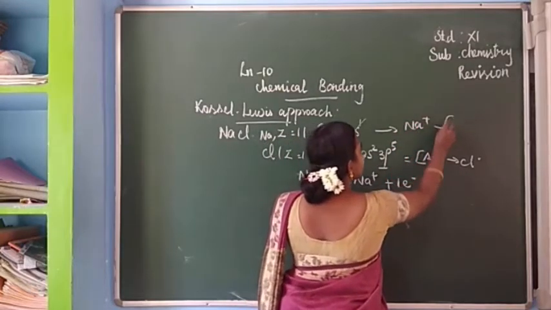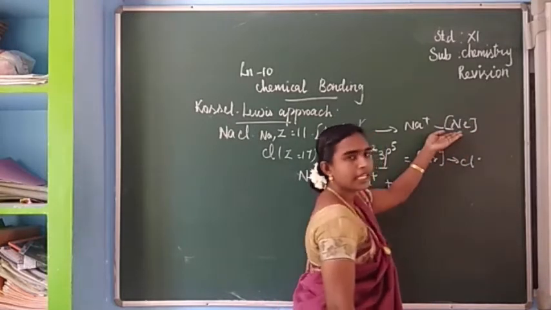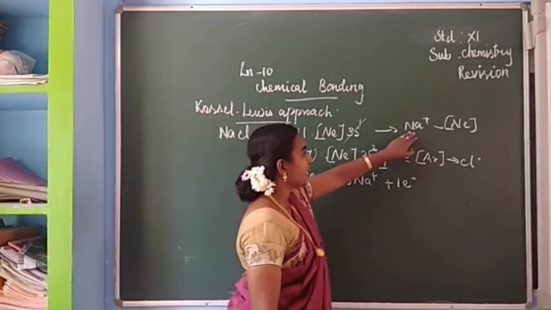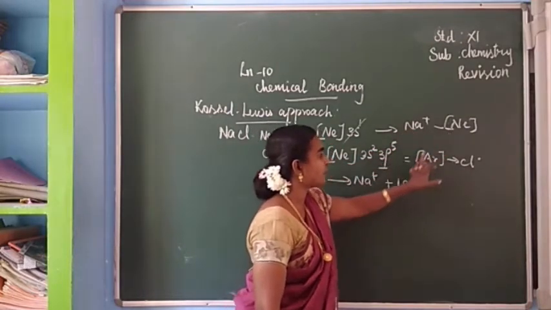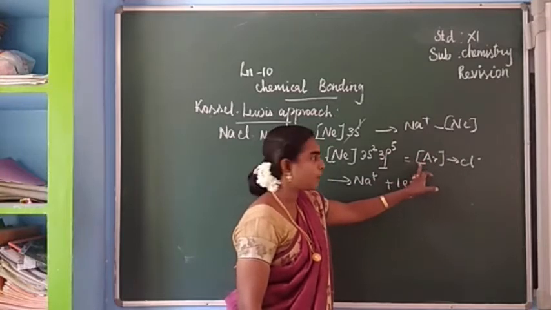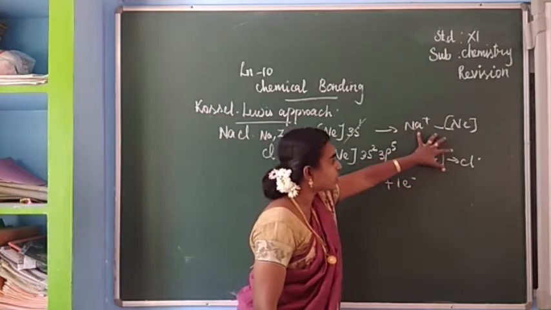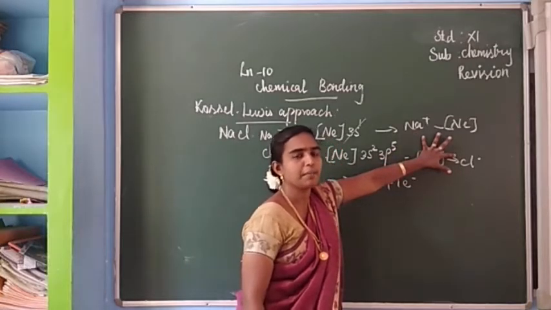It has the electronic configuration of neon, a noble gas configuration. So we can say that when an atom attains the electronic configuration of a noble gas, it becomes more stable. Afterwards there is an attractive force between these two ions that forms a chemical bond.